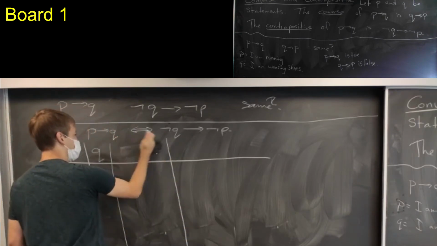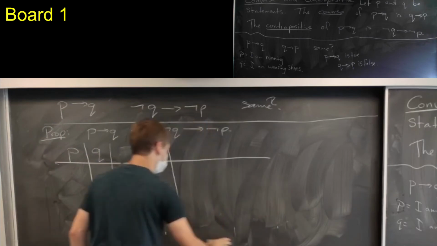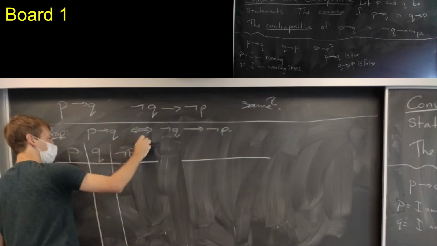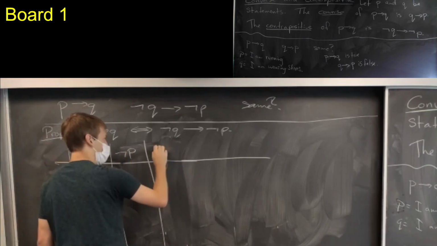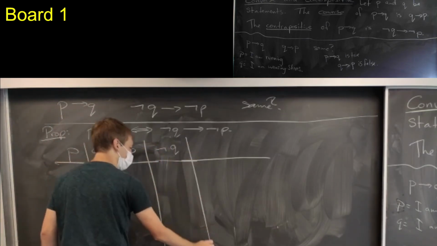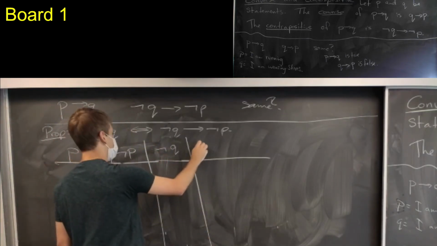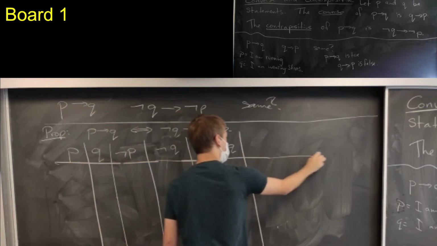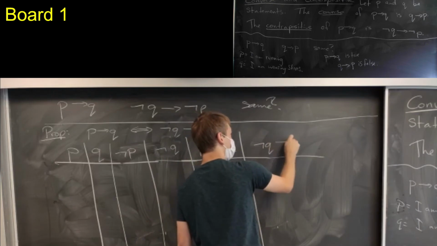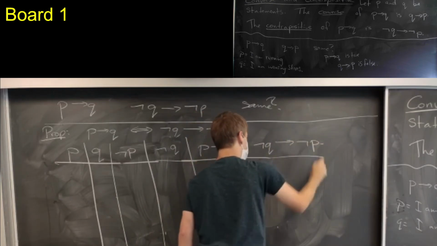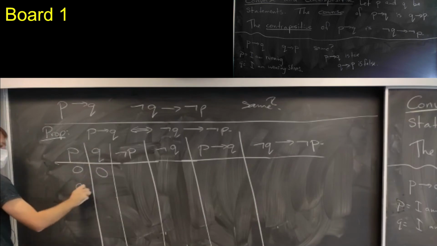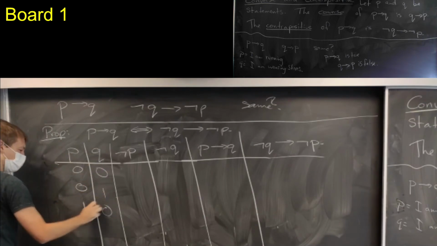Maybe I'll do my nots first. So P, Q, and I'll do my not P, my not Q, P implies Q, and then not Q implies not P. So we just smash through this like usual.